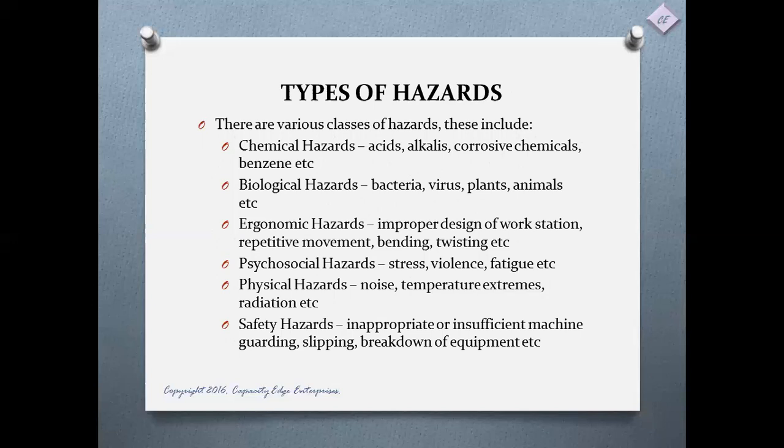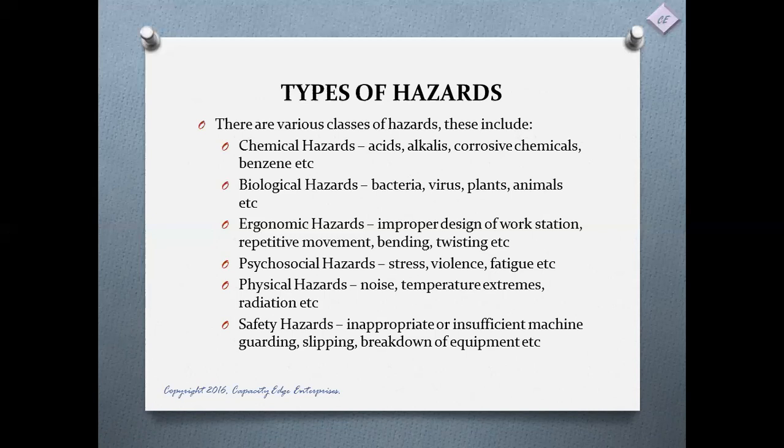Then we could also have ergonomic hazards, improper design of workstation, bending, twisting, repetitive movements. Then we have psychosocial hazards, which could be in form of stress, violence, fatigue. Hazards could also be in form of physical hazards, excessive noise, temperature extremes.